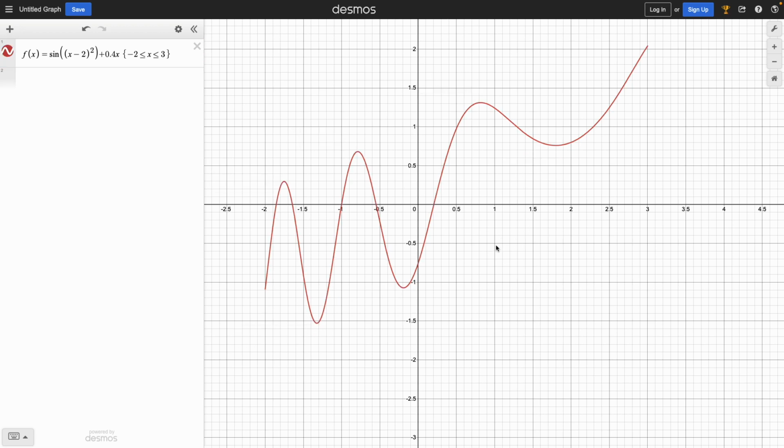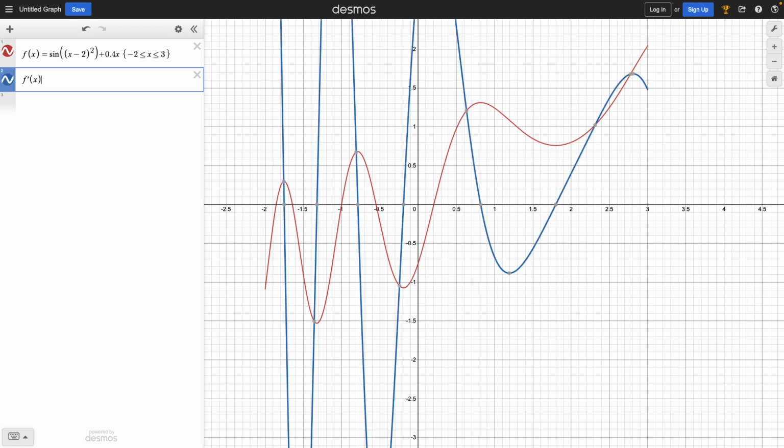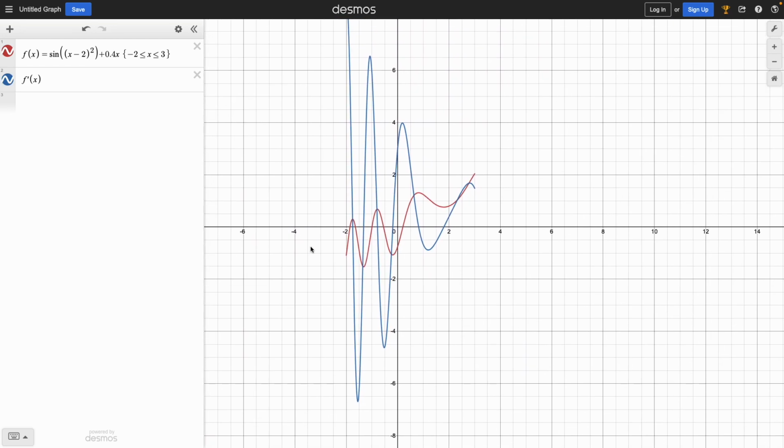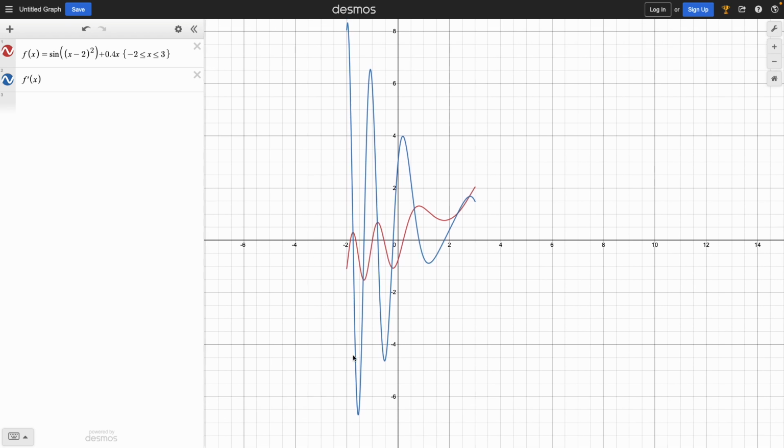Other than that, I can compute the first order derivative function for f of x. I can just write f prime of x. To get this prime symbol, I just used shift + 2 on my keyboard. And this shift + 2 gave me this blue weird function, which actually is the derivative of f.